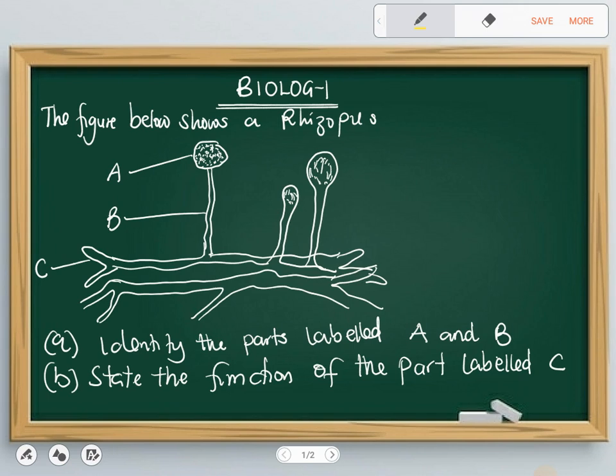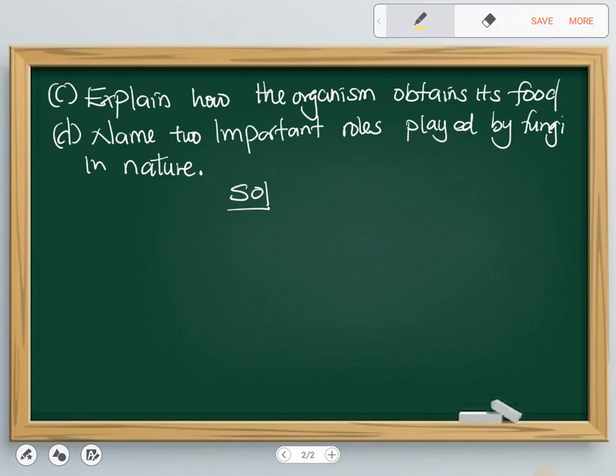So a Rhizopus has got that structure, and the structure labeled A is called the sporangia, and the structure labeled B, this one here, is called the sporangiophore. It's just the same.